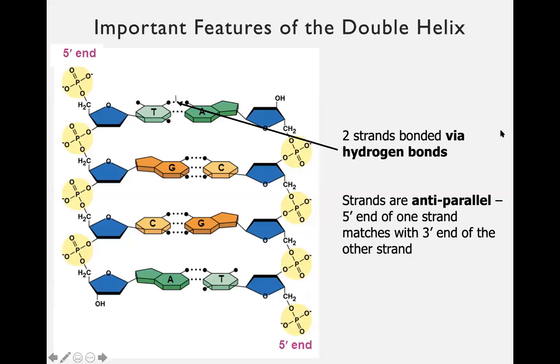So these are two chains essentially of nucleotides. Remember, the nucleotides have a phosphate, a sugar, and then a nitrogenous base. So it has those three parts. This would be one nucleotide on one strand, one of the polymers. This would be the nucleotide on the other strand.